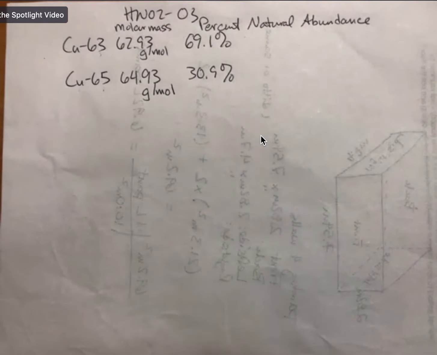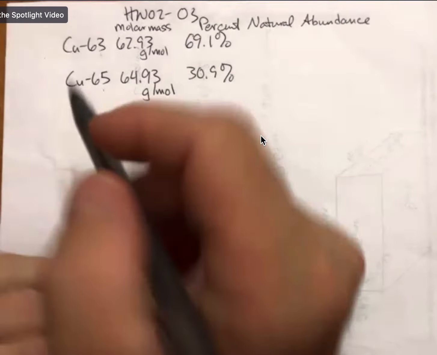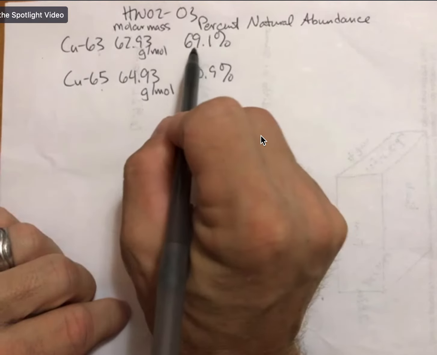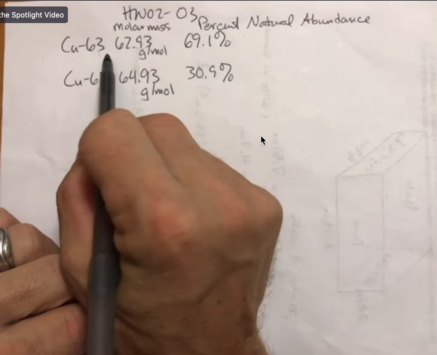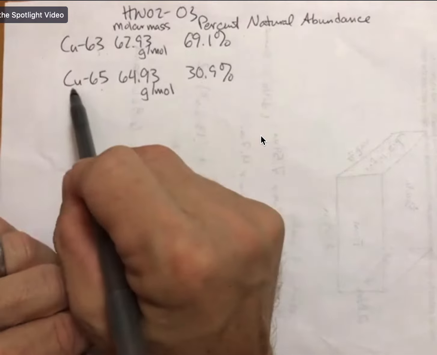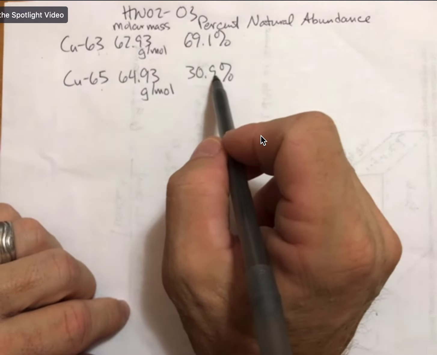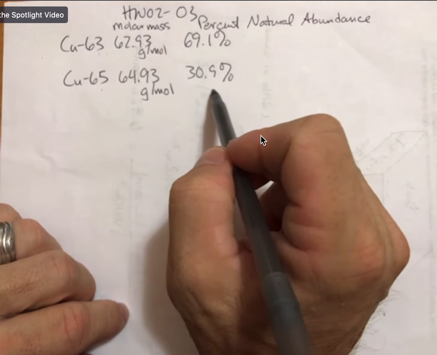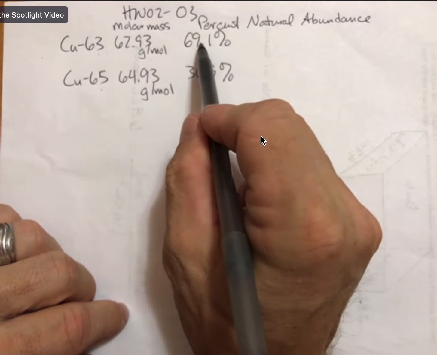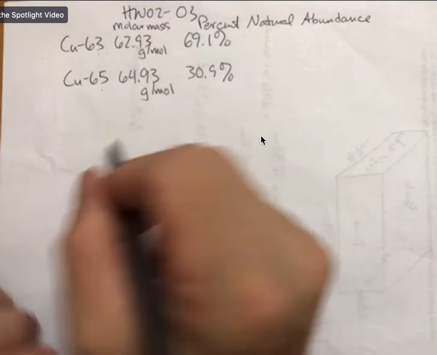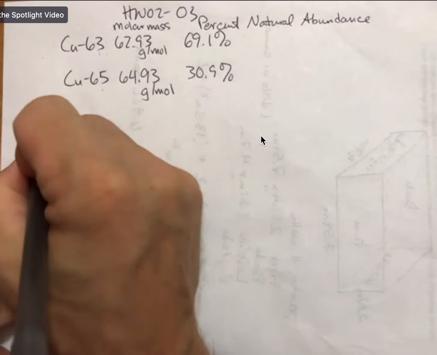And so if you were to take a copper pipe, the copper atoms in that copper pipe would be 69.1% copper 63 and 30.9% copper 65. And these numbers, again, are given to us. The only thing we have to know how to do is take these percentages and the masses and find the average molar mass.